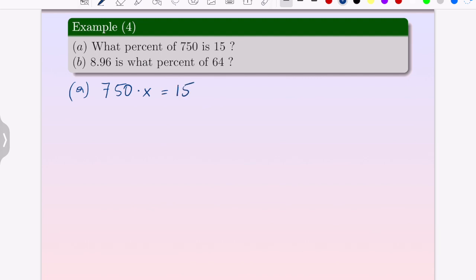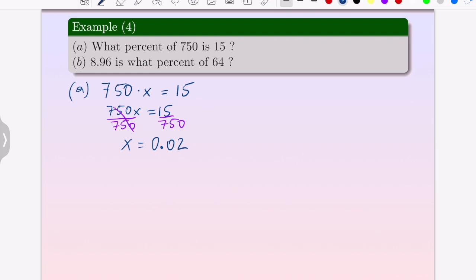750 times x is 750x, of course, is equal to 15. To solve it, we would divide by 750, divide by 750. So my x is equal to 0.02. And this is, as you remember from the original equation, it's always in decimal. So to change from decimal to percentage, we multiply times 100.